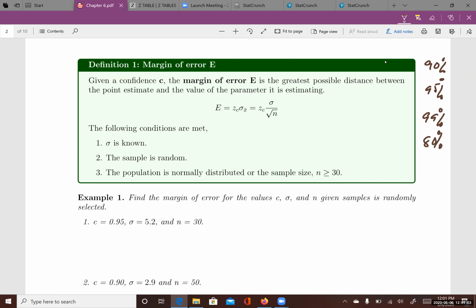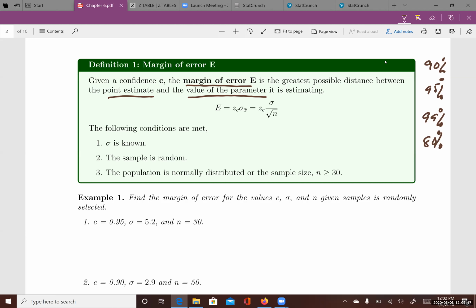So there are different levels of confidence that you can use for your study. Once you have a confidence level, then the margin of error E is the greatest possible distance between the point estimate and the value of the parameter that is being estimated.